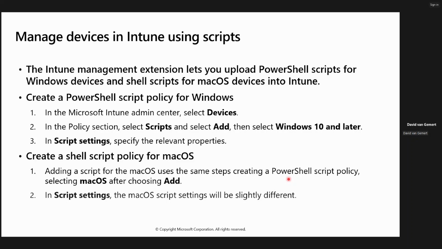For macOS, obviously they can't be Azure AD joined. They can be Azure AD registered, but that doesn't help us. But the device must be managed by Intune. And for macOS, the shell script must begin with a hash and an exclamation mark. So that is a Unix slash Linux requirement. It needs to be in a valid location, based on the script that you're using, and the command line interpreters for the applicable shells must be installed.